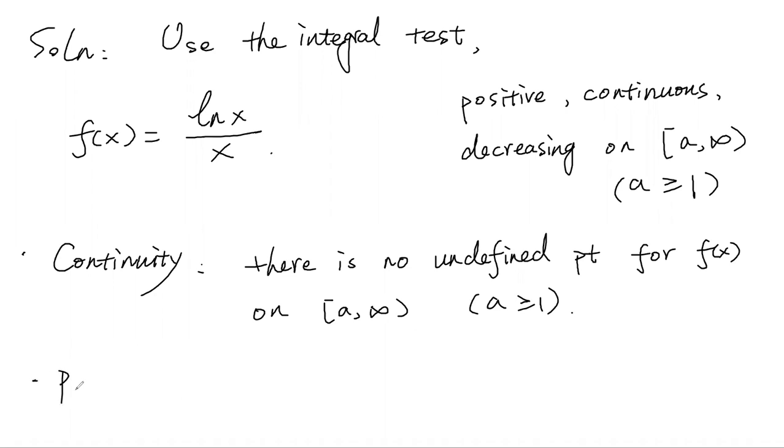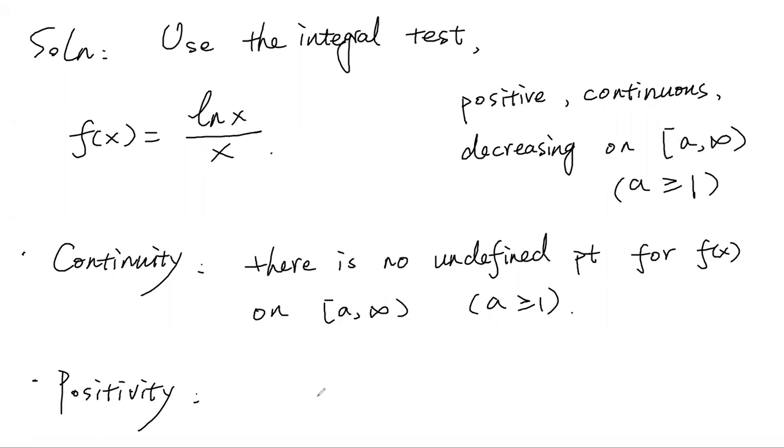And then positivity is also easy to check, because natural log of x is positive as long as x is greater than or equal to 1. In this case, because we consider the interval a to infinity, and a is a number greater than or equal to 1, natural log of x stays positive, and x must be positive, because a is greater than or equal to 1, so a must be greater than 0.